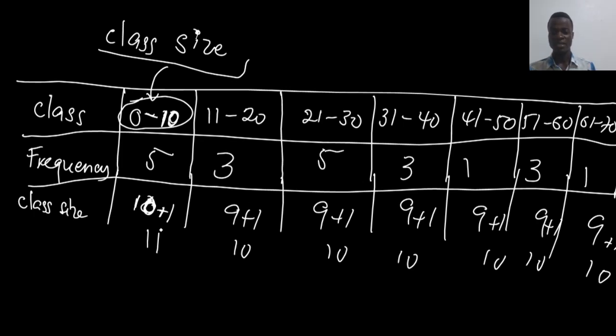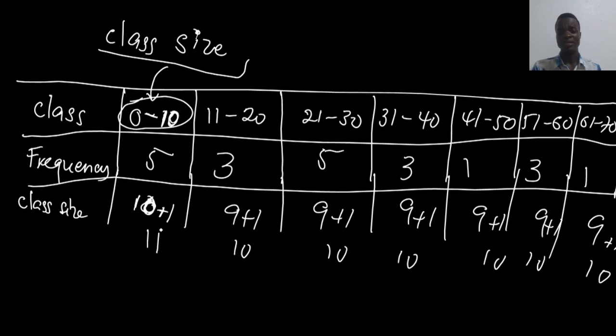As simple as that. That makes it simple for you, right? So I just show you in this case that the class size may not always be the same. There will be questions that we'll be solving where we use class size. But sometimes you will see that the first class size is 9, the second is also 9, 9, 9, 9, then you just assume the rest will also be 9.